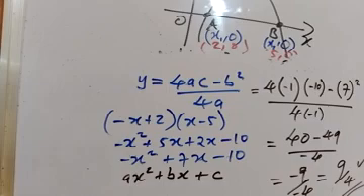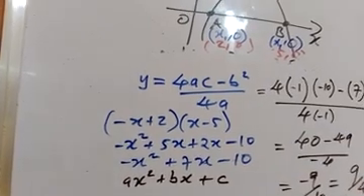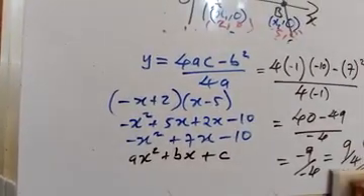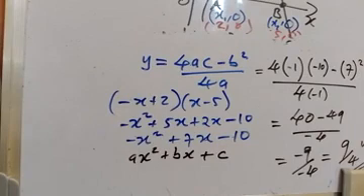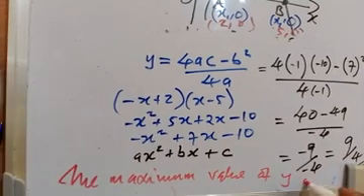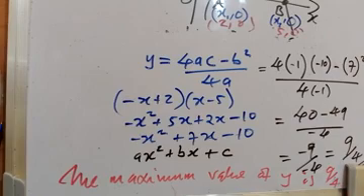After writing 9 over 4, you can easily conclude and write that the maximum value of y is 9 over 4.